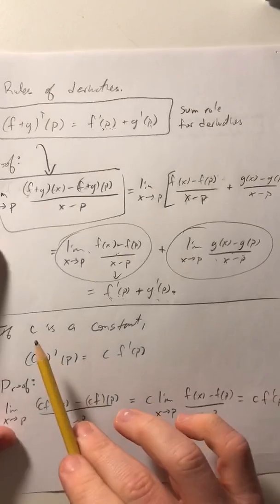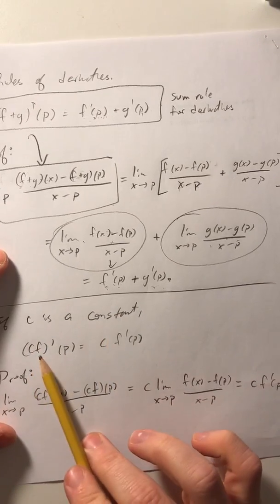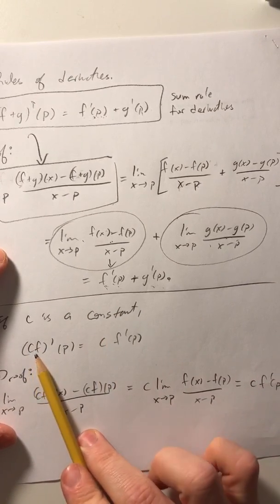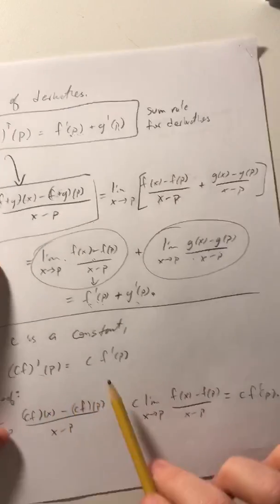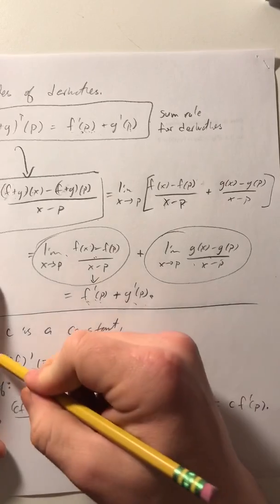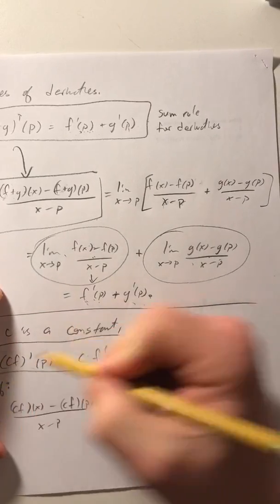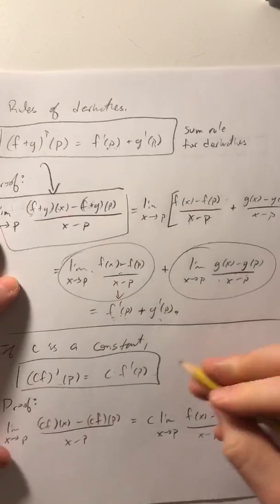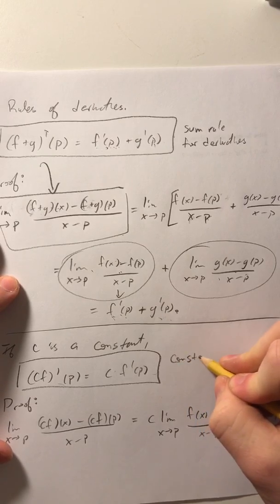We also have the constant multiple rule. If c is a constant, here I'm multiplying the function by c and then taking the derivative. Here I'm taking the derivative of f and then multiplying that by c, and the constant multiple rule says it doesn't matter what order I do those things in, I get the same result. So this is the constant multiple rule.